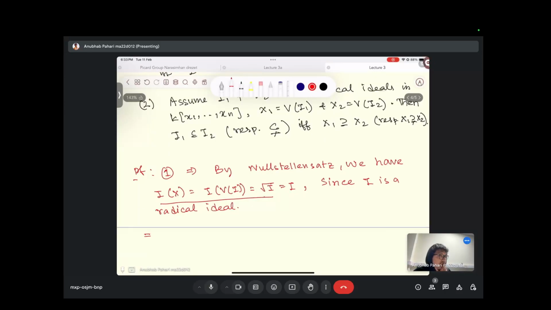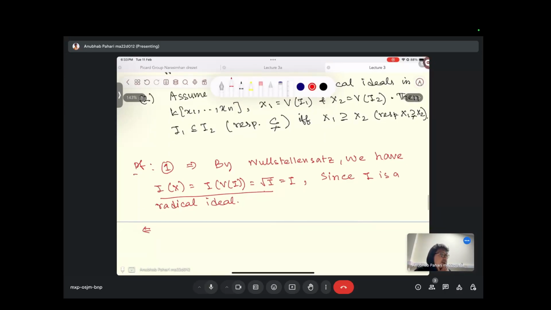Now the reverse direction, we prove like this. The algebraic set X can be written as X equals V(J) for some J contained in K[x1 up to xn].